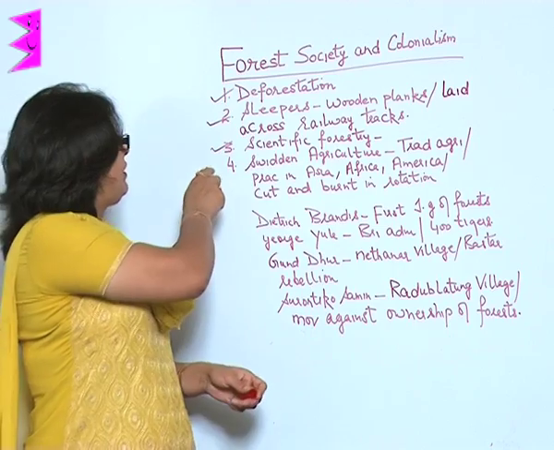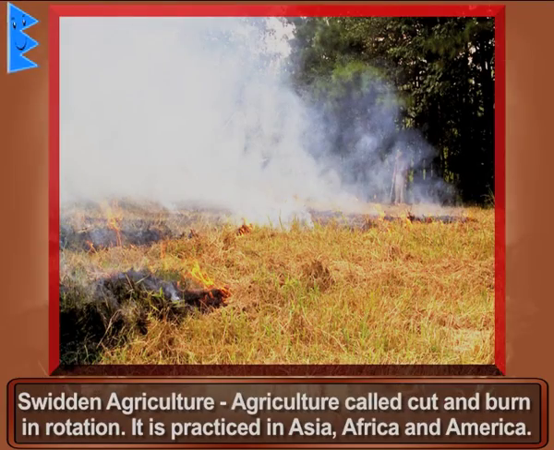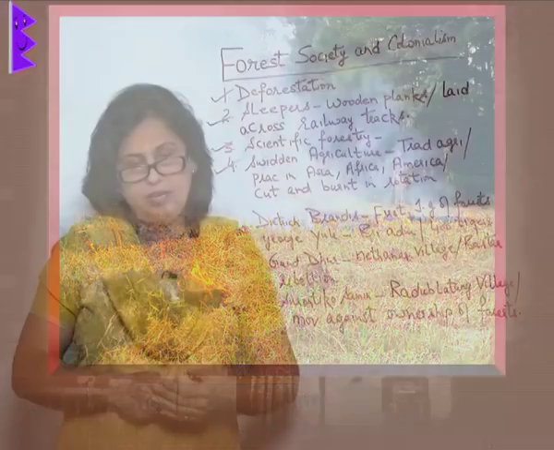Next, what we have is Swidden agriculture. Swidden agriculture is in fact the kind of agriculture which is called cut and burn in rotation. This is also the traditional agriculture which is practiced in Asia, Africa and America.